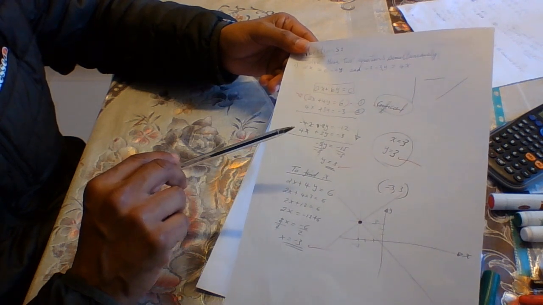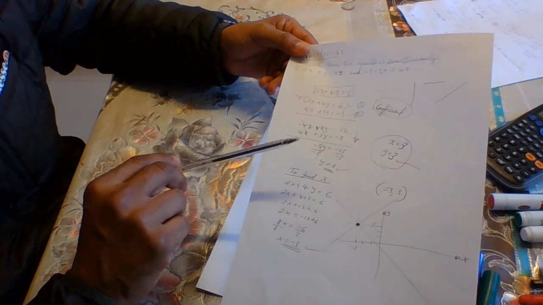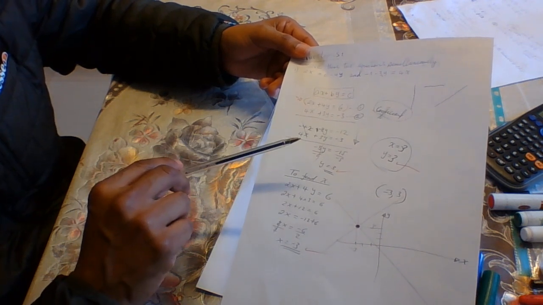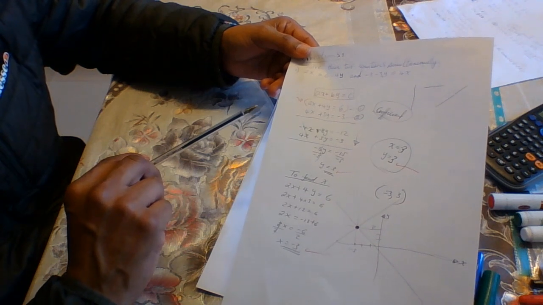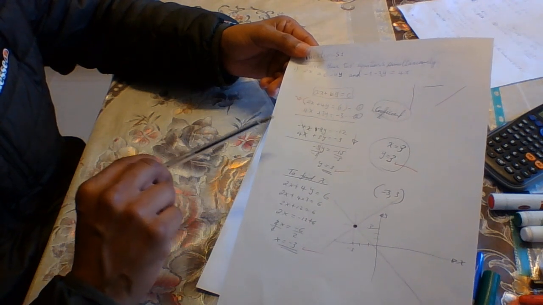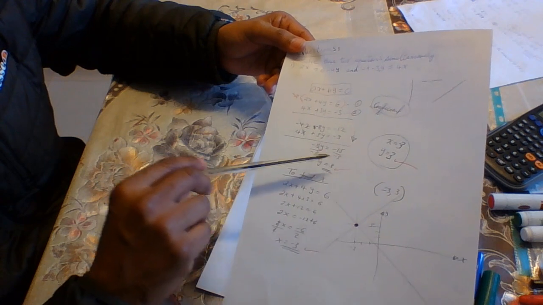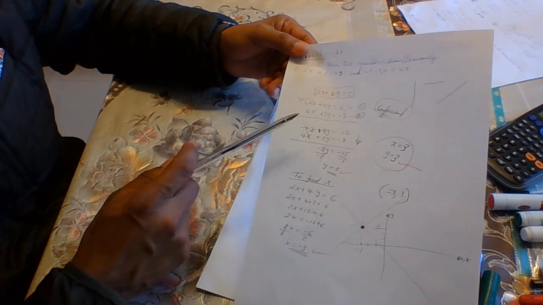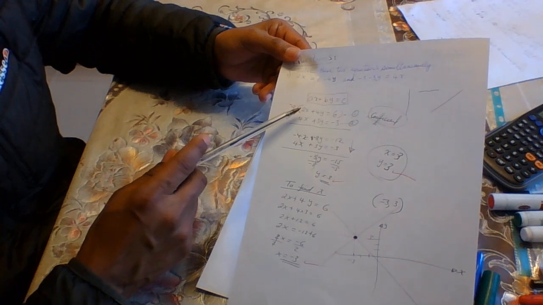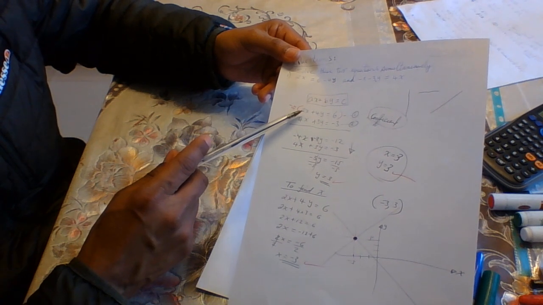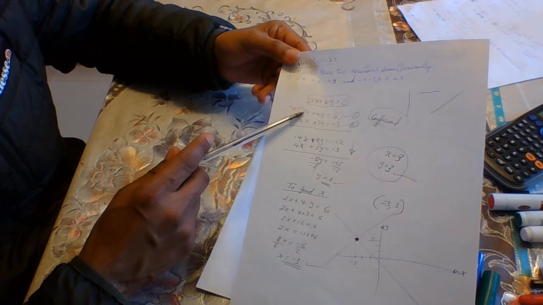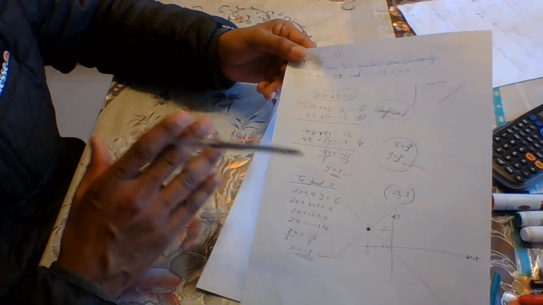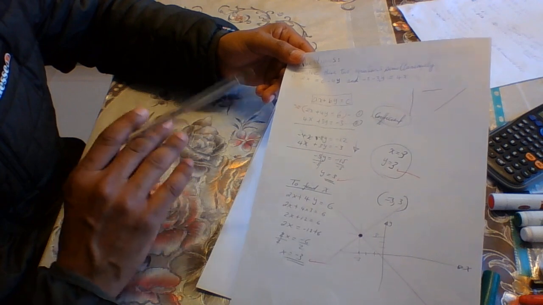I said we have two types of solving simultaneous equations. One is elimination and the other one is the substitution method. So in this case we used the elimination method. Elimination means you eliminate the variable x or y, and that will depend on that particular question.